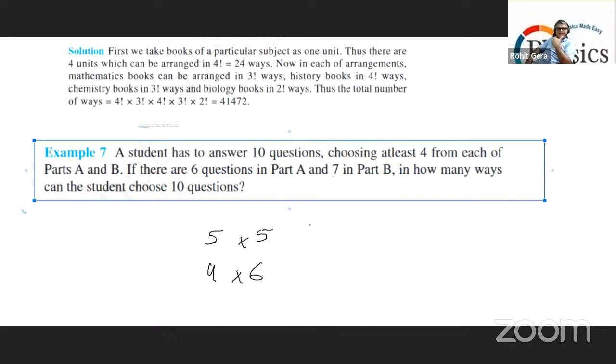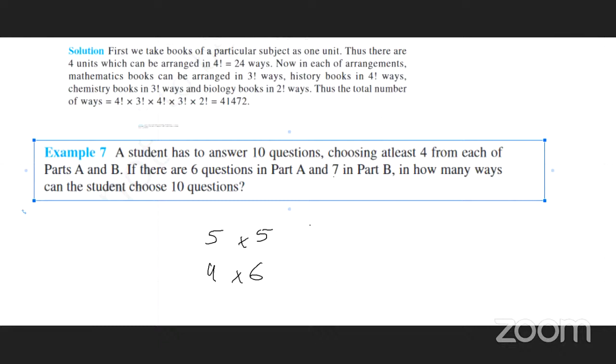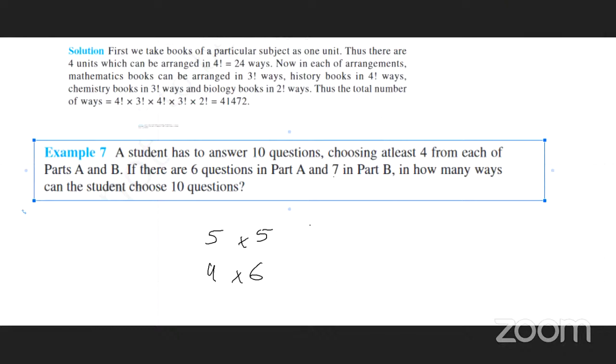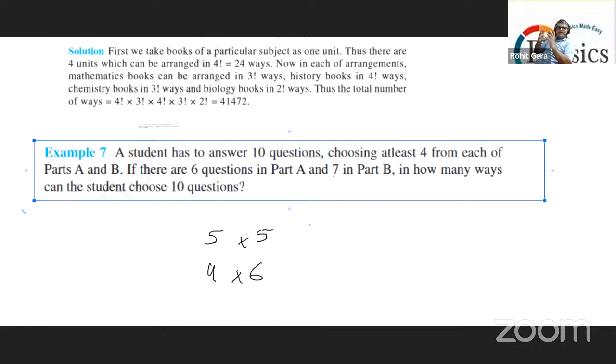And then 7p5, because the total pool you have is 7. Out of them you have to select. So if you're selecting 5 each, then it is 6p5 multiplied by 7p5. 10 questions done.